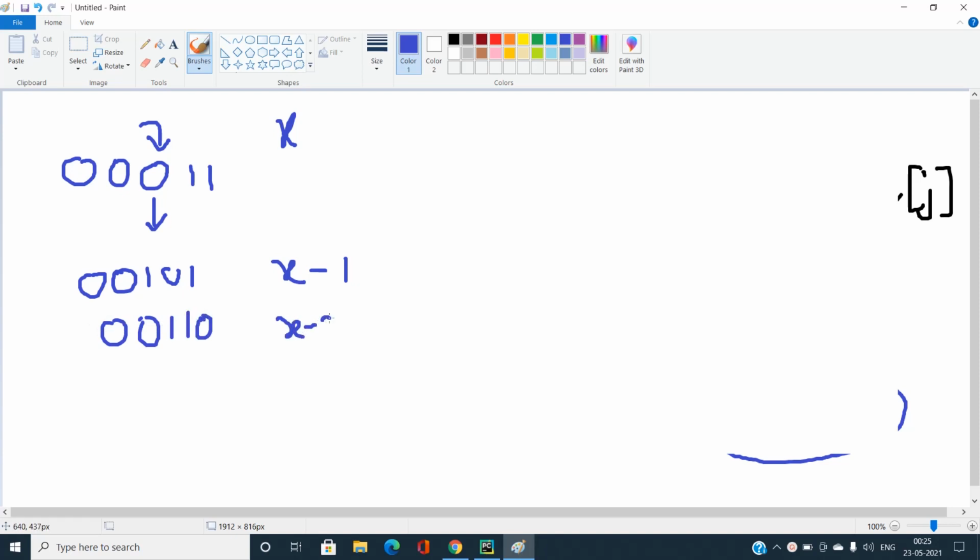And if I need to find the lexicographically smallest array for inversion count of X minus 3, I should focus on the next 0 to put it in the suitable position such that the inversion count would decrease by 3 and my array would be lexicographically smallest. I would do it like that: 0 1, then 0, then 1 1 0.